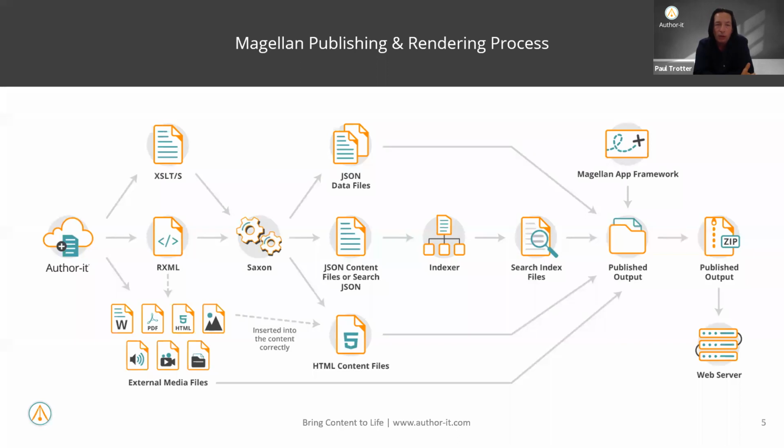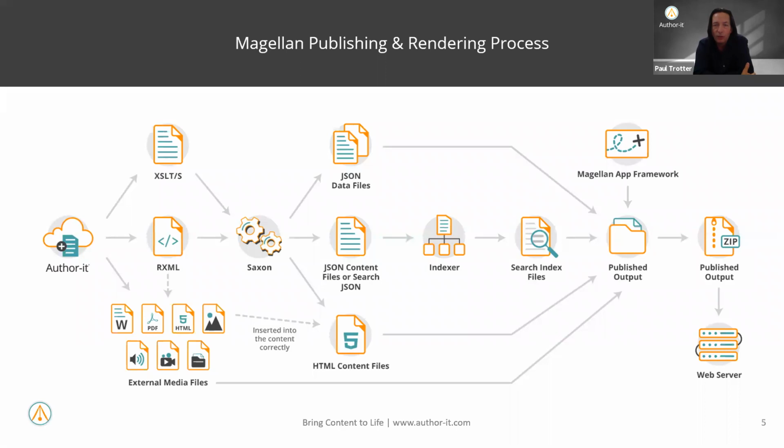New modern technologies have allowed us to now extract that content in what we call resolved XML format. We then can use modern XSLT processing and a modern XSLT processing engine called Saxon to deliver a combination of data files, which we then combine with our Magellan application to deliver the online help.